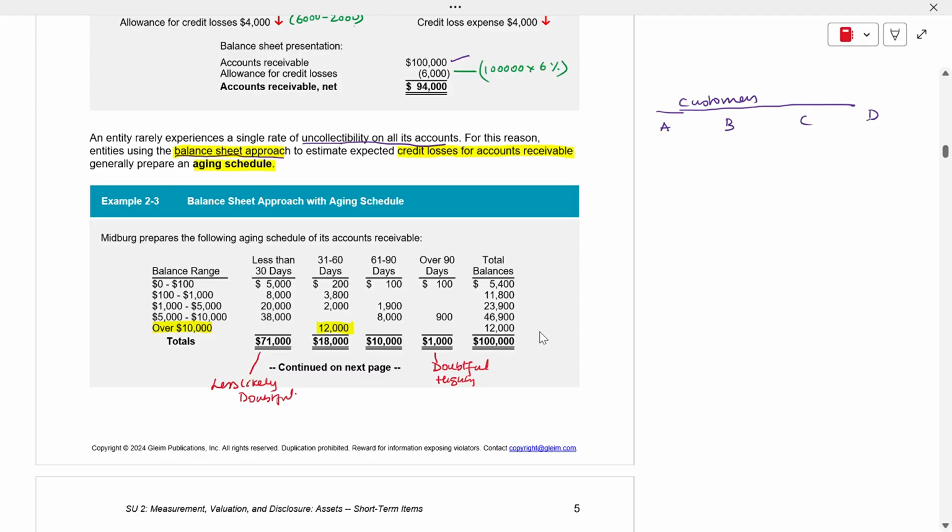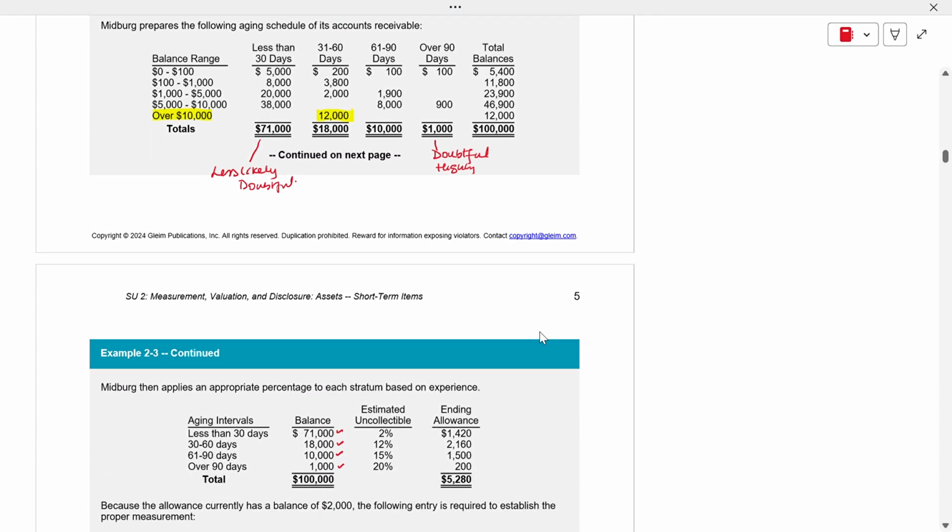They have to mention how much is estimated uncollectible: 2%, 12%, 15%. They have calculated 1000. From where they got this one, they have not mentioned.